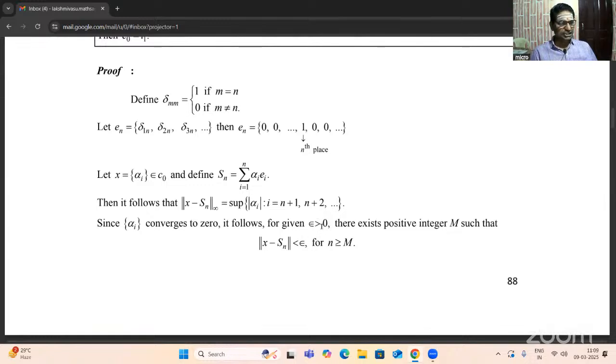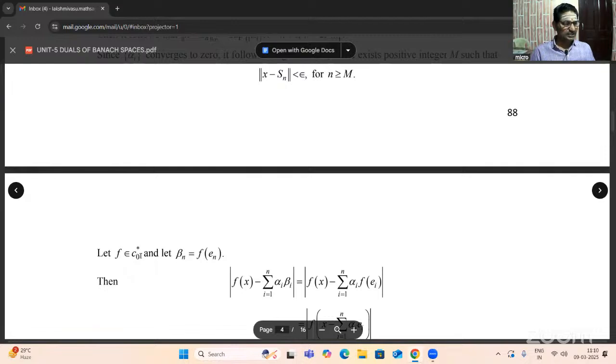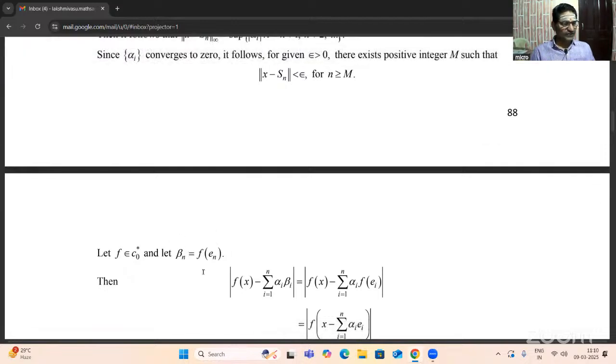Epsilon is always greater than 0. So there exists a positive integer capital M such that n is always greater than or equal to capital M. And f belongs to the dual of c naught, and beta n equals f of En.